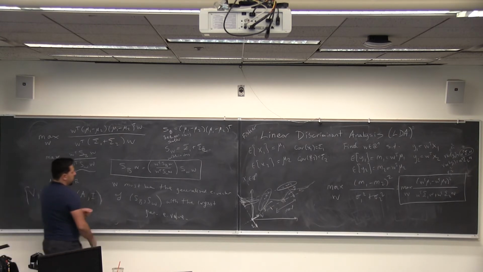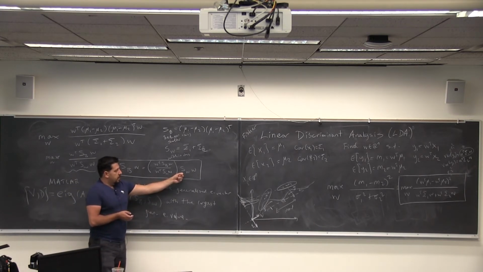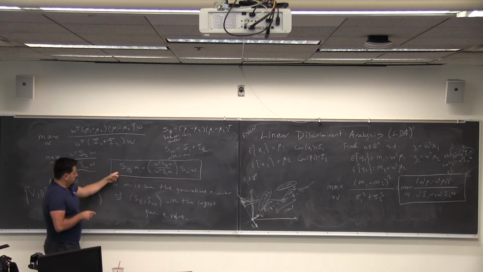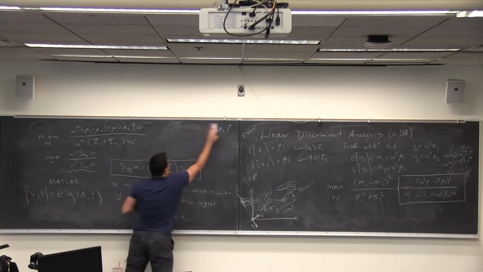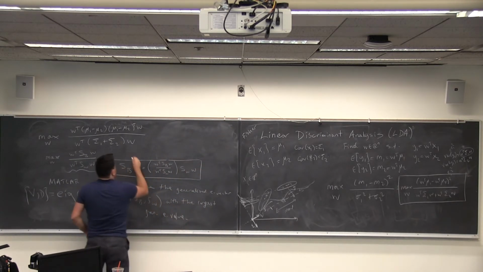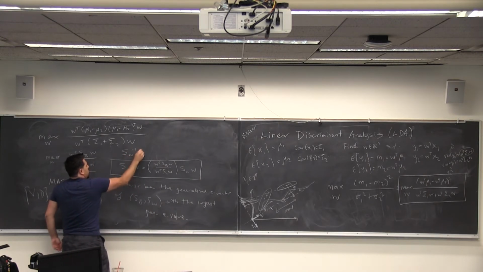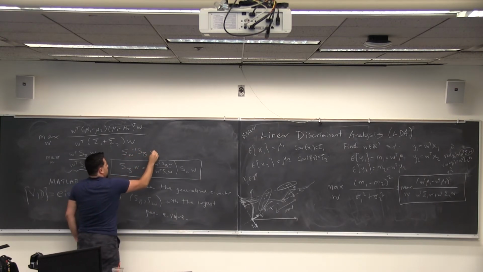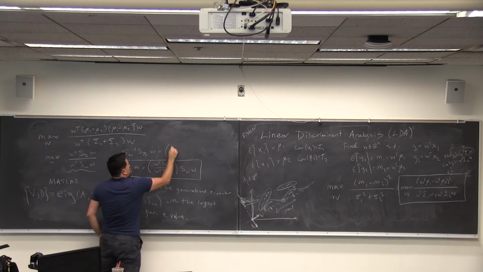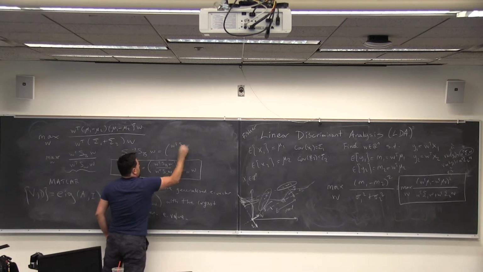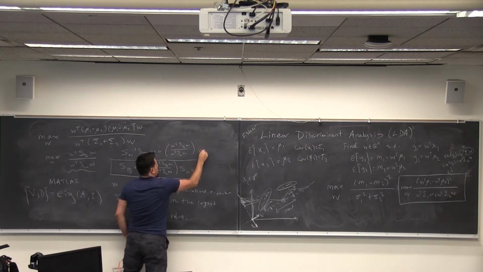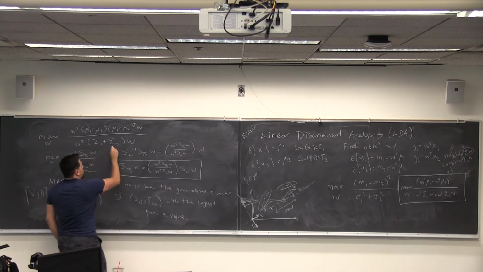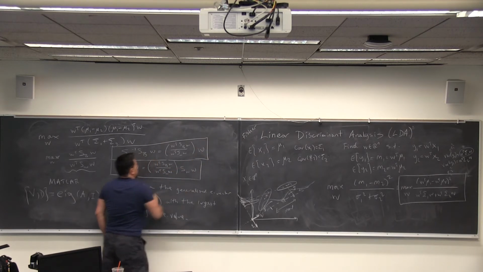Another way to think about this is to multiply both sides by SW inverse. I can also write this as SW inverse SB W equals the scalar quantity times W. This is an equivalent way of saying the same thing.